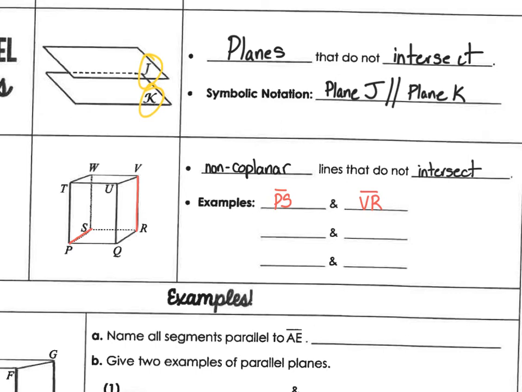So then another one that we could look at, if we looked at T and W, okay, Q and R. You could say Q and R. Yeah, that would work because they're not on the same plane. But for this one, we're going to say U and Q because you have one going up and down and one going sideways. But yes, Q and R would work.